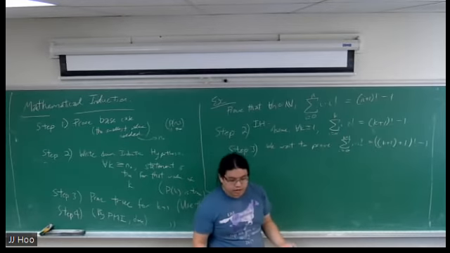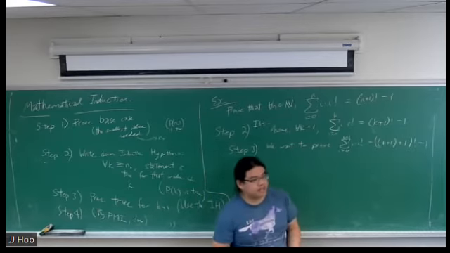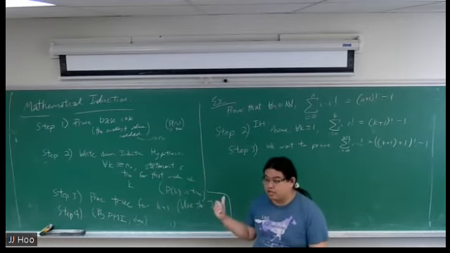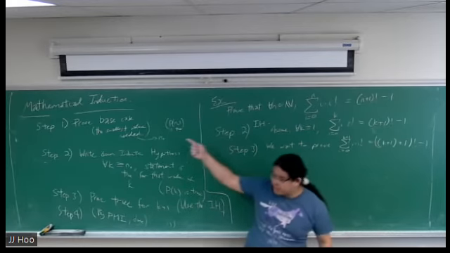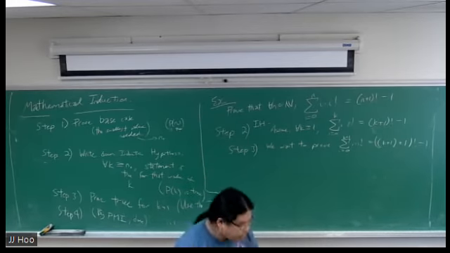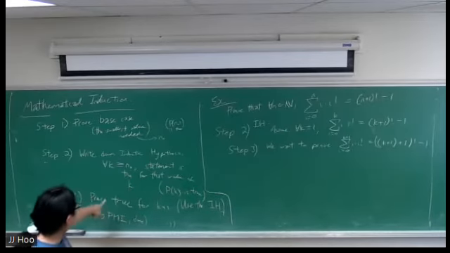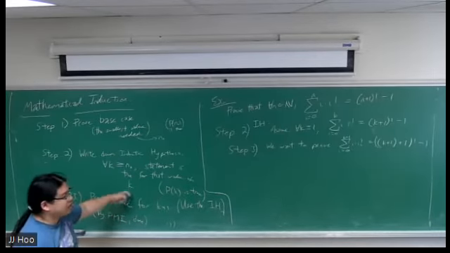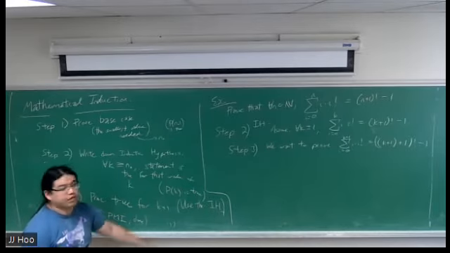But I want to at least tell you that whenever you see strong induction, it's not necessarily doing anything differently or in a way that's more complicated than regular induction. It just means that you might need more steps. In regular induction, which some people call weak induction, we only use this one k. We're not saying that it's true for k and k minus 1 and k minus 2. We're just saying that p of k implies p of k plus 1.